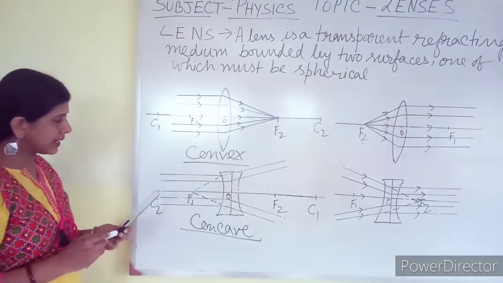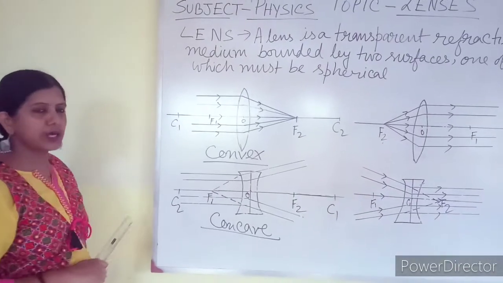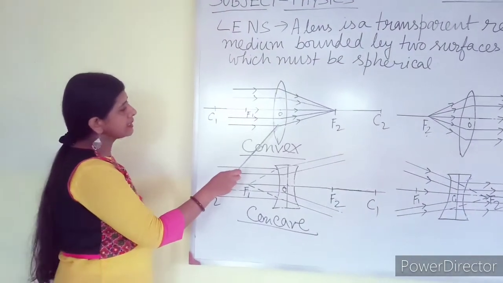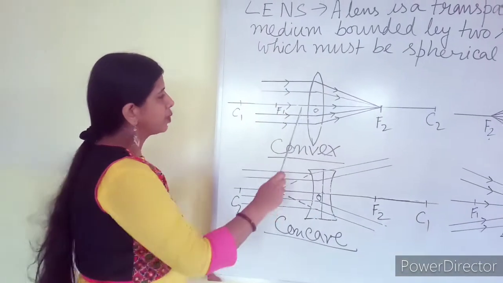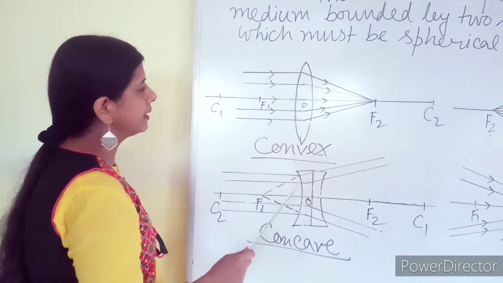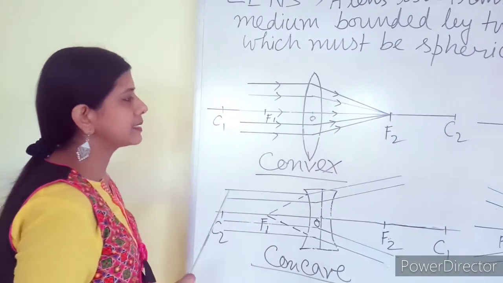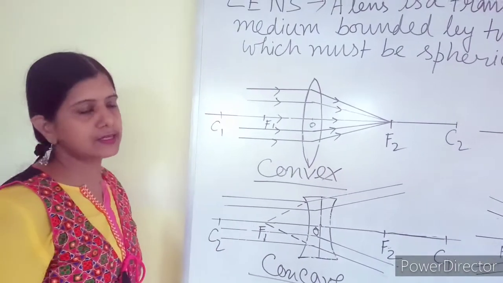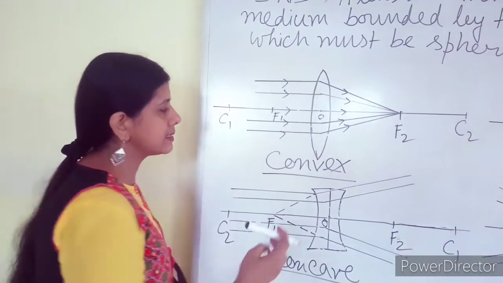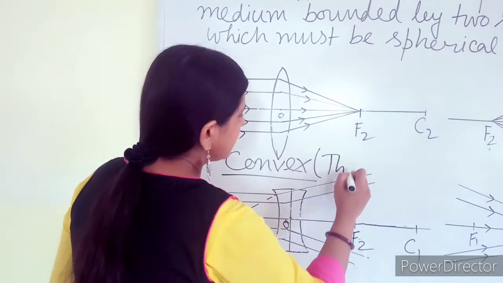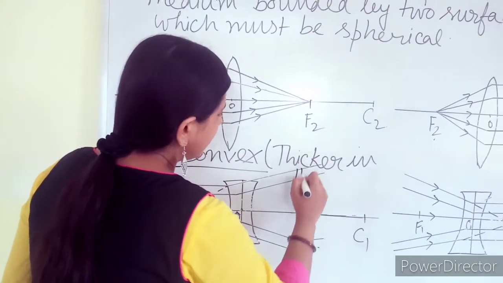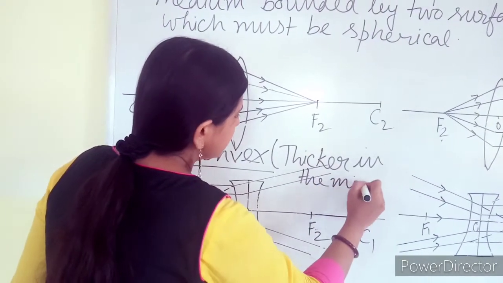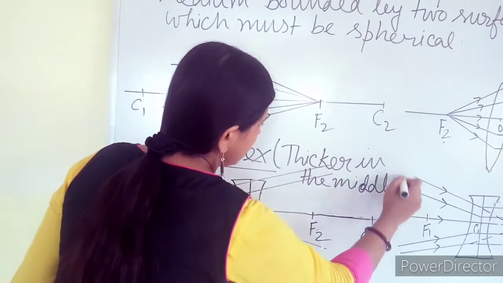How to remember which one is convex and which one is concave? A convex lens is thicker in the middle and thin at the edges. So I can write that it is thicker in the middle. This one is thicker in the middle, that is called my convex lens.